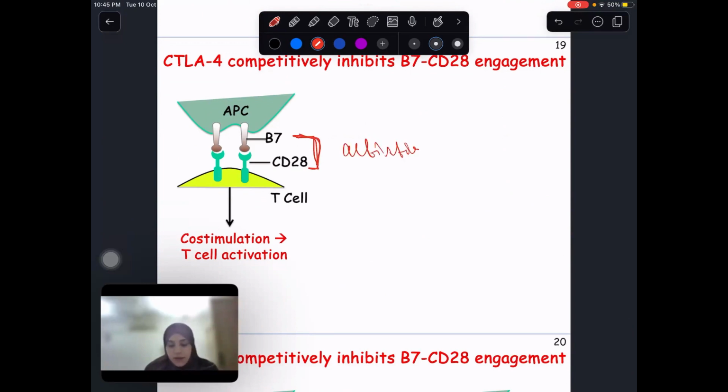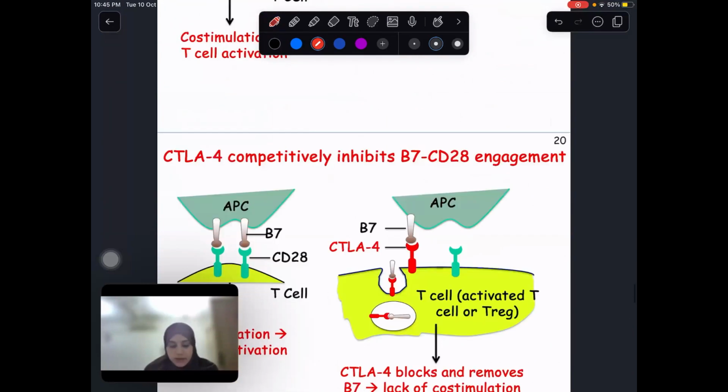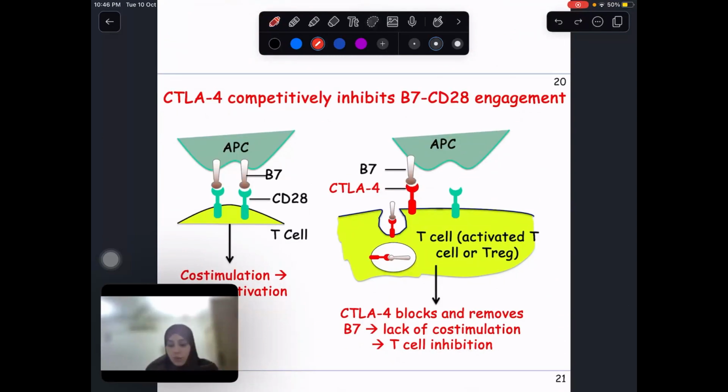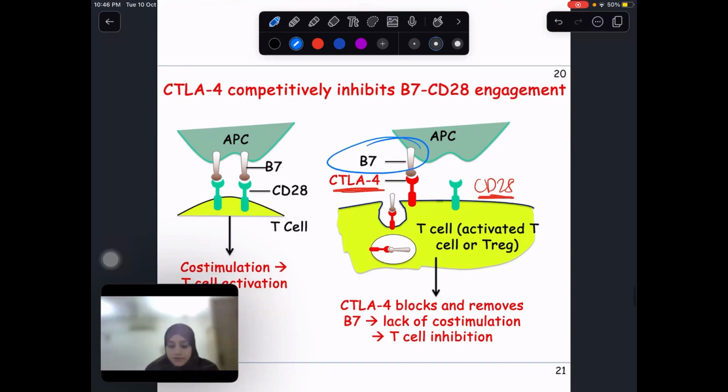But let's say the CTLA4 is expressed. It will compete with the CD28 for the B7, and CTLA4 will always win because it has higher affinity to the B7 compared to the CD28. So what does it do?